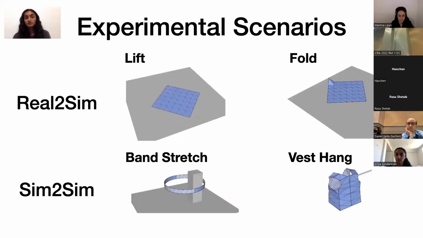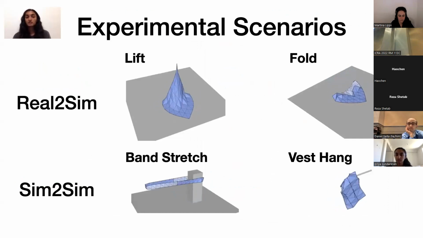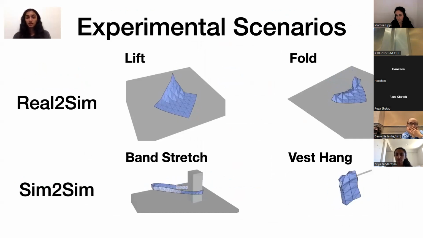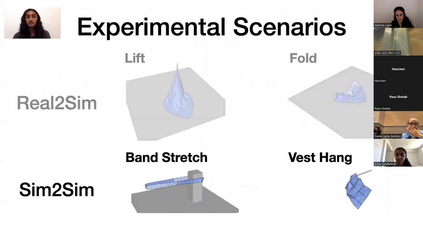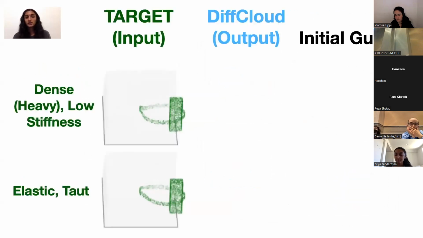We also evaluate DiffCloud on 2 simulated scenarios using synthetic data as input, band stretch and vest hang. In these experiments, we will visualize the initial guess for parameters that DiffCloud starts from in black, and compare this against the final optimized parameters in blue. 2 target sequences for band stretch are shown in green, where varying the band properties affects distance traveled upward along the pole.